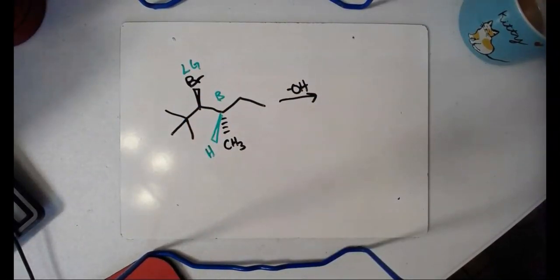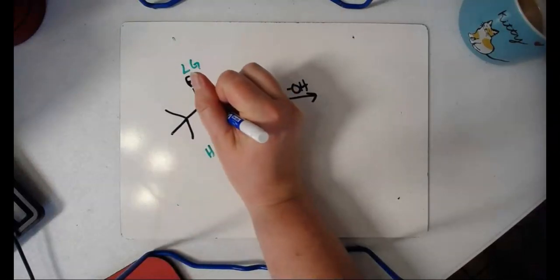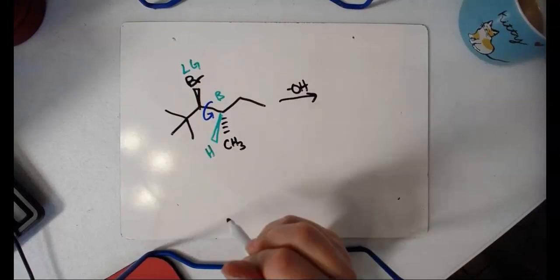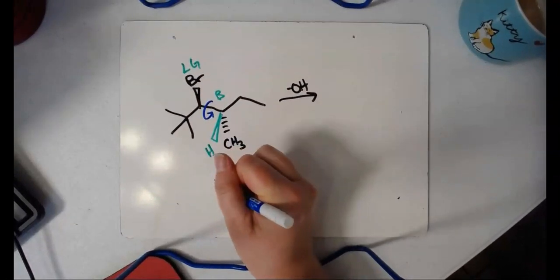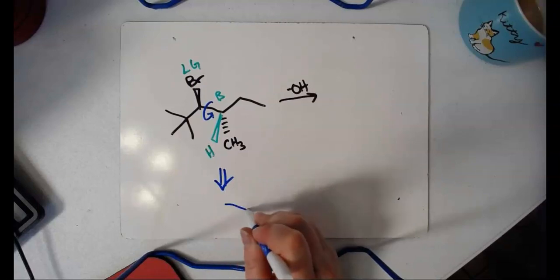So in the conformation it's in, we cannot remove that hydrogen because our hydrogen and our bromine are pointed in the same direction. So we need to rotate that hydrogen, and I'm going to rotate around that bond right there. So this is going to be after my rotation.